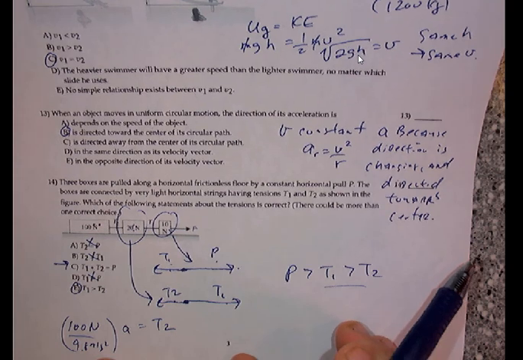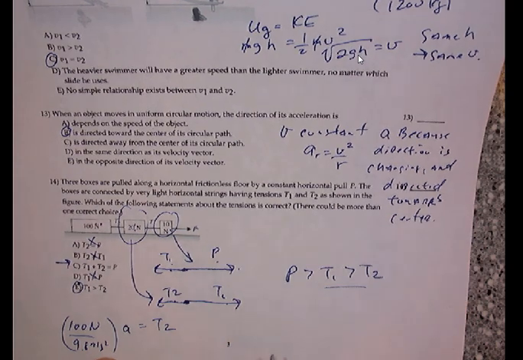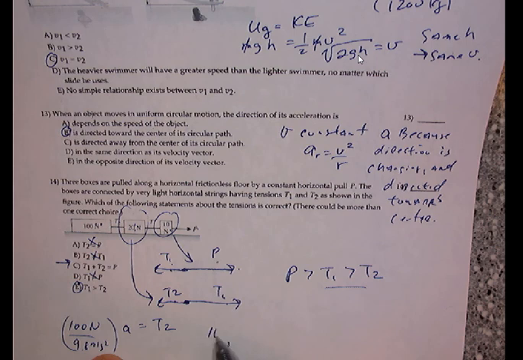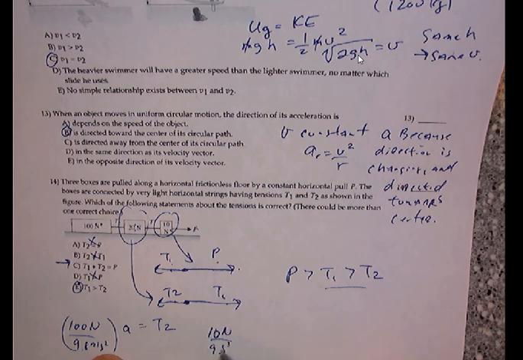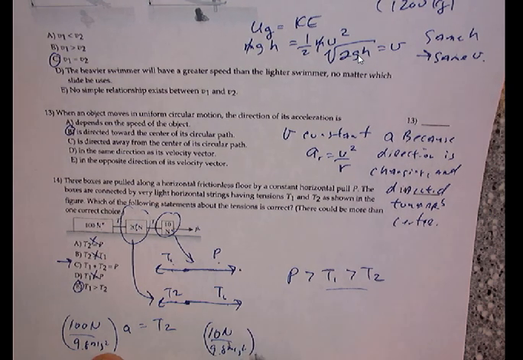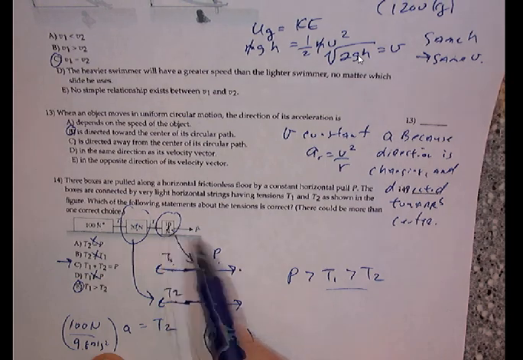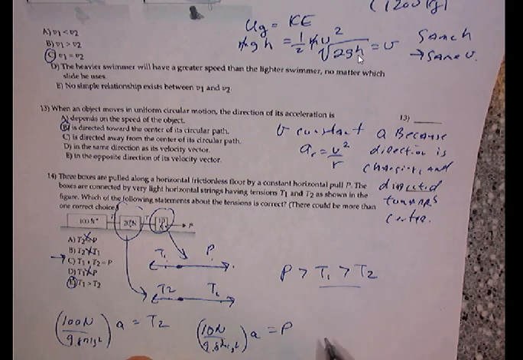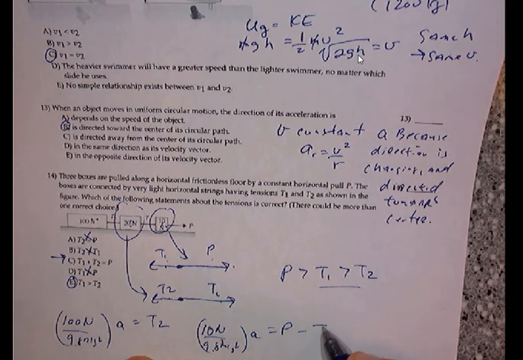That's for the 100 Newton weight. Then let me go to this one over here. The net force on this one would be the mass, so 10 newtons divided by 9.8, times A, would be equal to P minus T1.